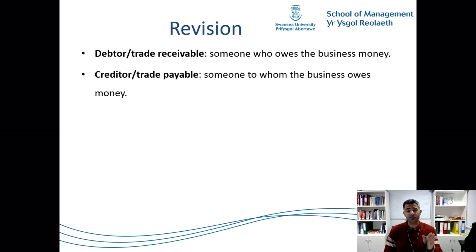In this case, Tesco will need to open an account and call it creditor or trade payable. What does that mean? This means Tesco owes the supplier.